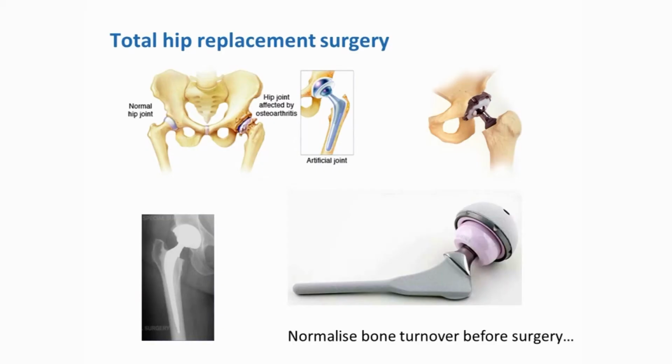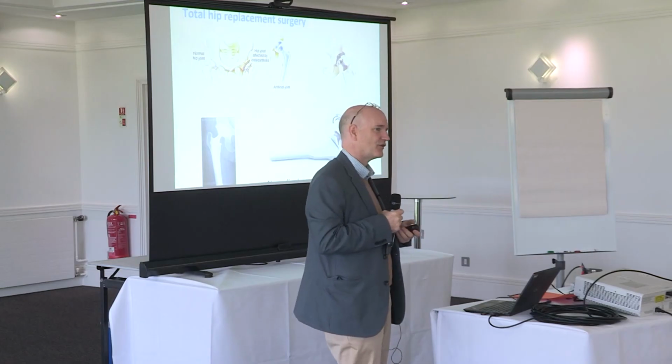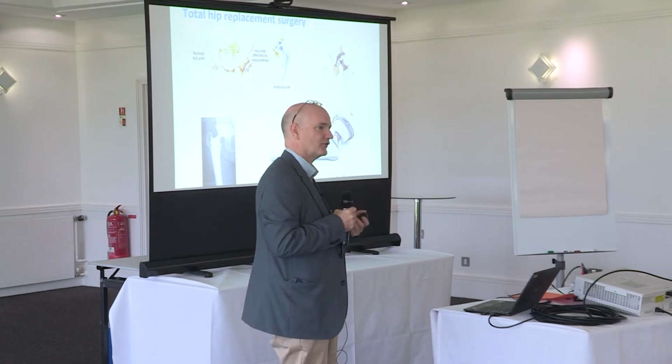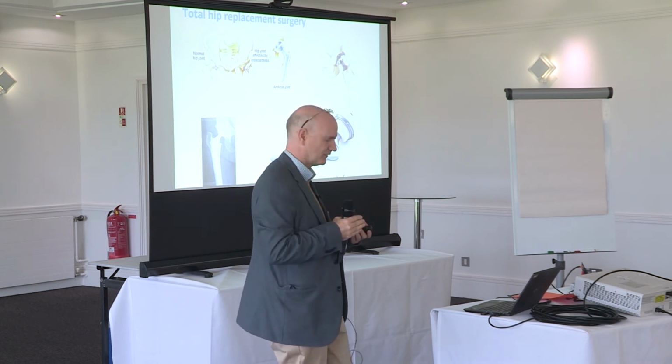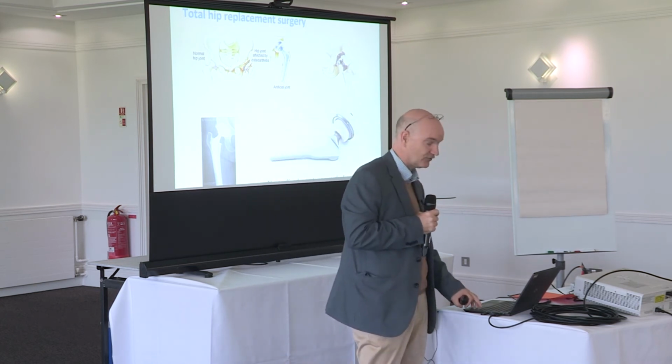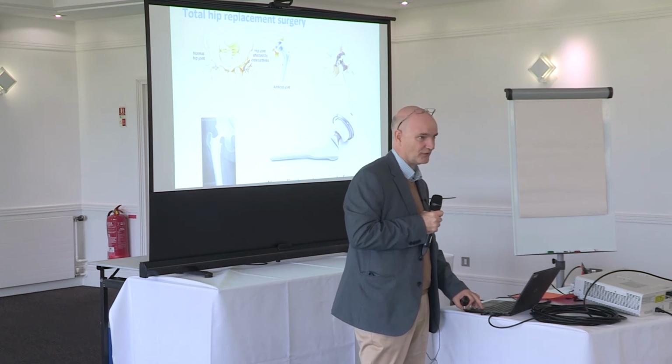So what we like to do, as it says at the bottom, is normalise bone turnover before surgery. So what we want to do is get one of the markers, what we call the alkaline phosphatase, down in the normal range so that we assume the blood flow is reduced, and so it's safer to operate.